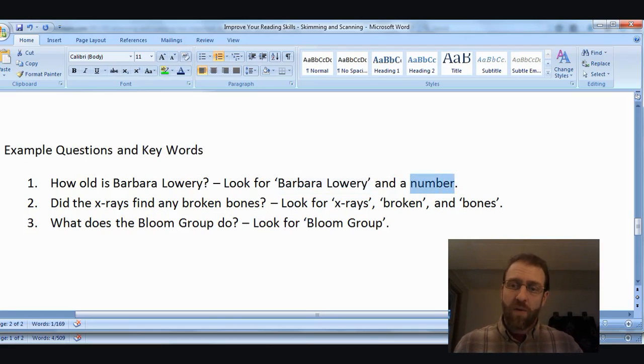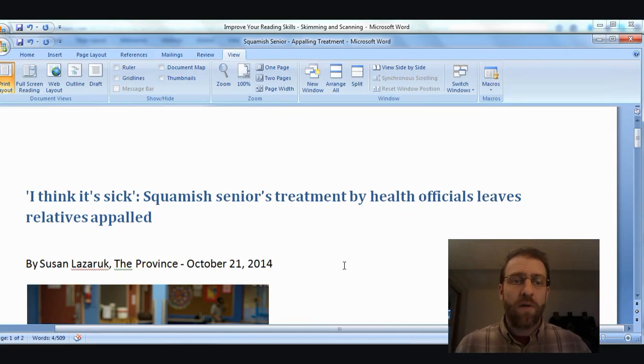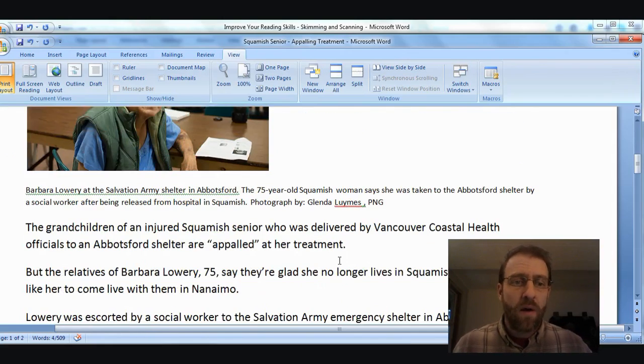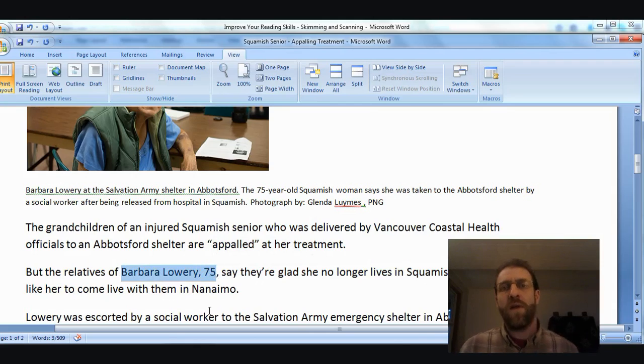So if we jump back to our story and we look quickly for the name, Barbara Lowry, oh, jumps out very fast, Barbara Lowry, and immediately I see 75. Again down here, 75, Barbara Lowry. So by looking for the name and looking for specific information, in this case a number, I can very quickly locate that without reading the rest of the article.